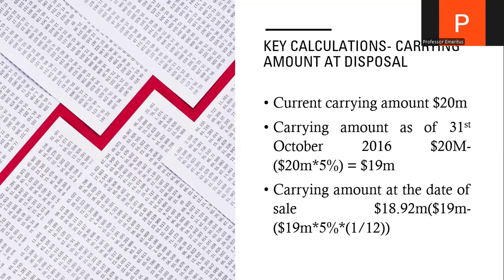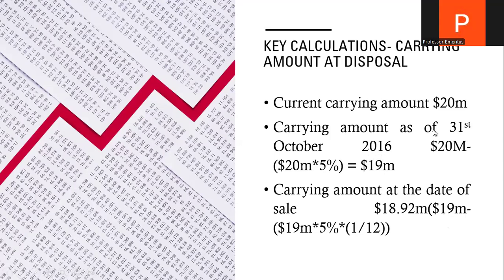But as at the date of sale, the carrying amount for the year ending 31st October 2016 will be 20 million less 5%. That's the depreciation. But the sale is taking place in November, which means we need to take 1 month depreciation for that period.